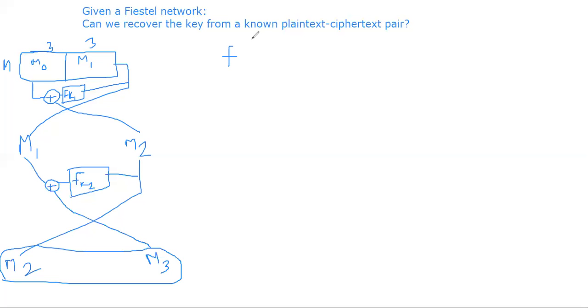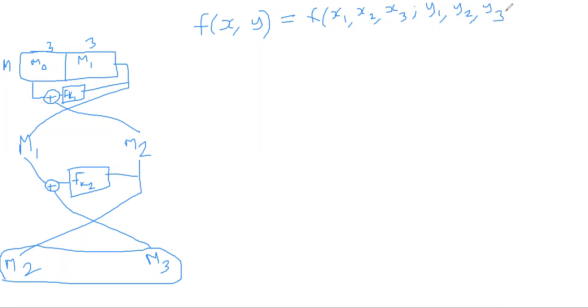So let me define F as follows. Suppose I define my pseudorandom function as follows. Remember it has to give me a 3-bit output. It takes a 3-bit input and gives me a 3-bit output that we can XOR with the other part, so it must be 3-bit. That means there must be 3 components. So I define a nonlinear relation like this, x1 times x2.